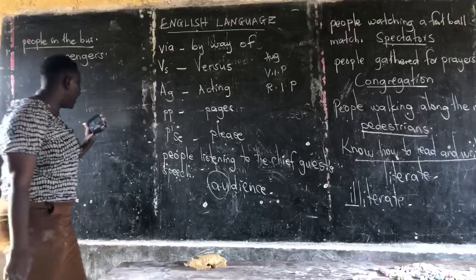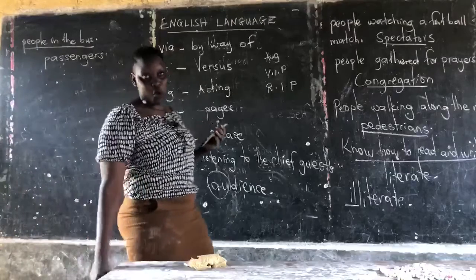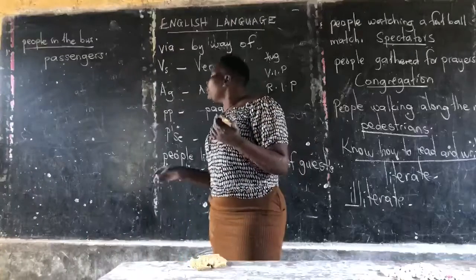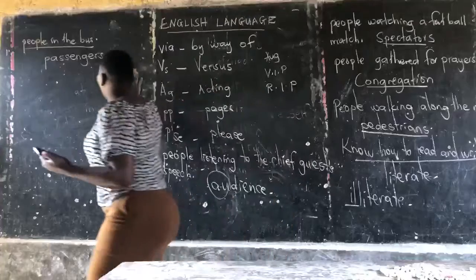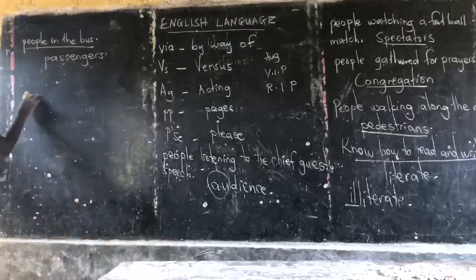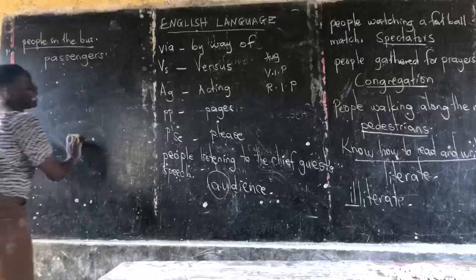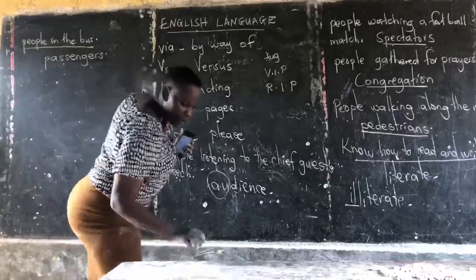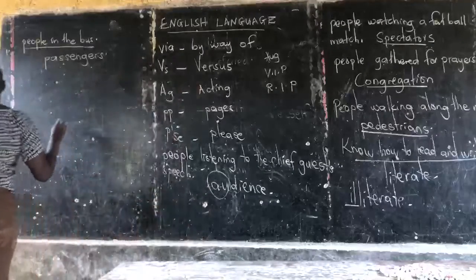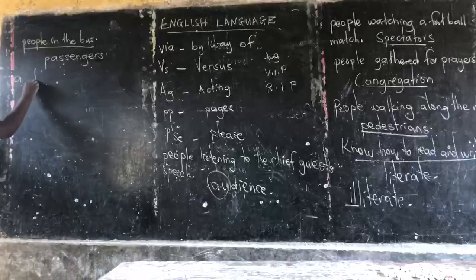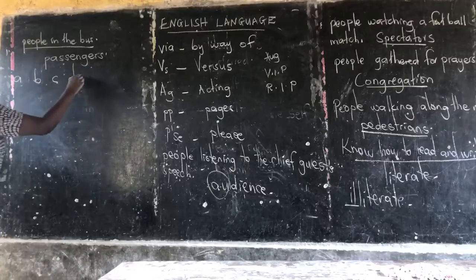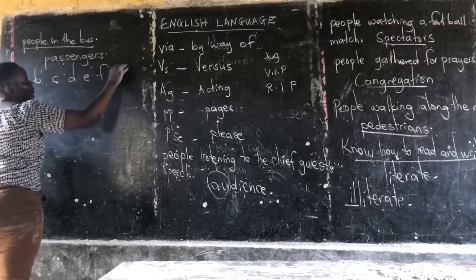Rearrange the given words in alphabetical order. I don't know why you still have learners who fail the alphabetical order. Let me write the alphabetical order. Maybe most of you don't know what they mean by saying the alphabetical order.